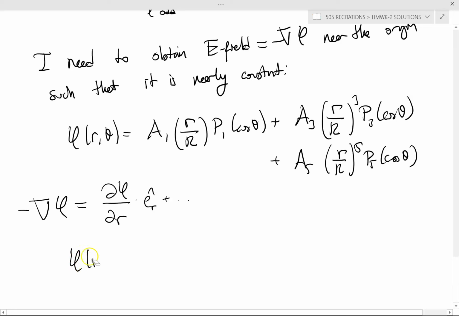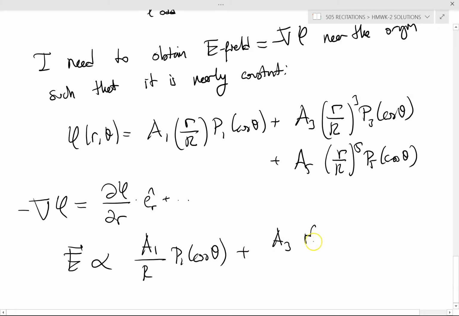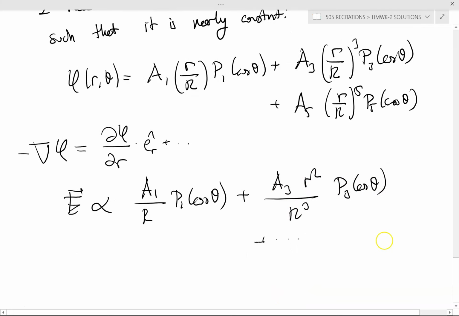So the E field will be proportional to A1 over R P1 cosine theta plus A3 r squared over R cubed P3 cosine theta, and it goes on like this. And the fifth order, r to the fourth over R^5 P5 cosine theta.